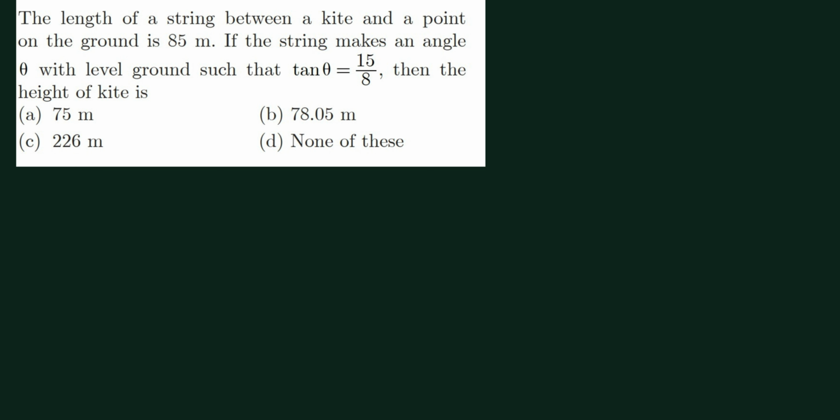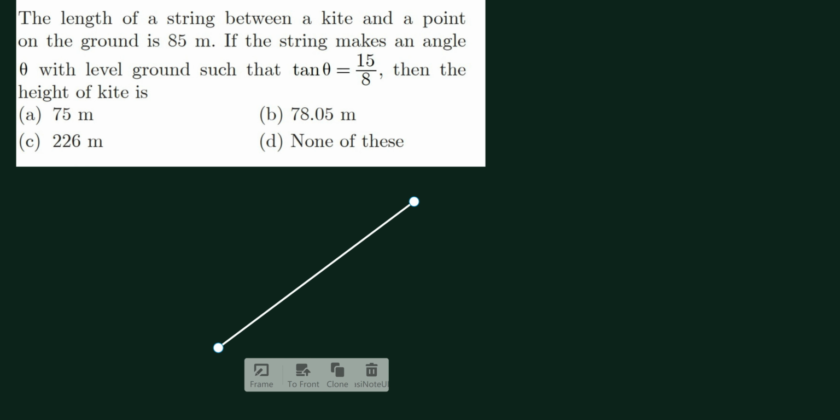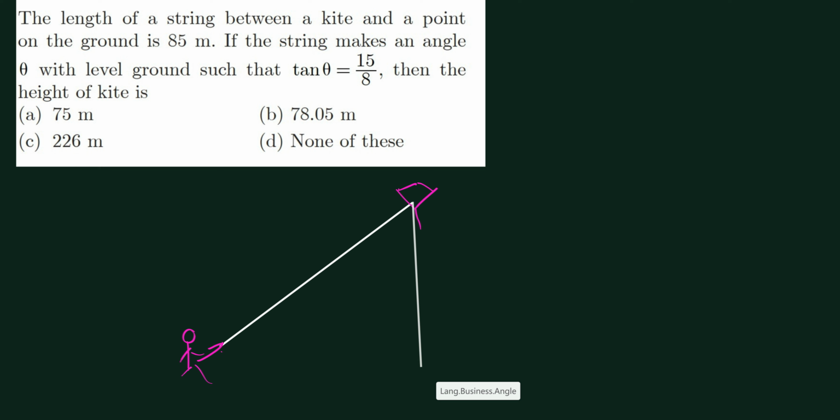So let us say the length of the string between a kite and a point on the ground. Here the kite position is here, right? So let us say this is the height from the ground.